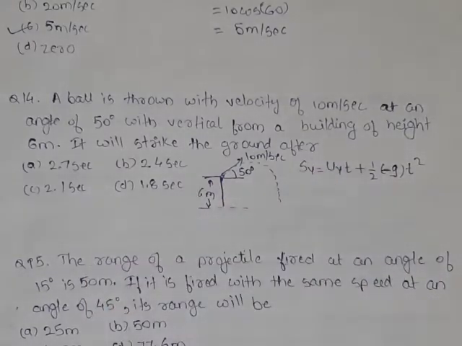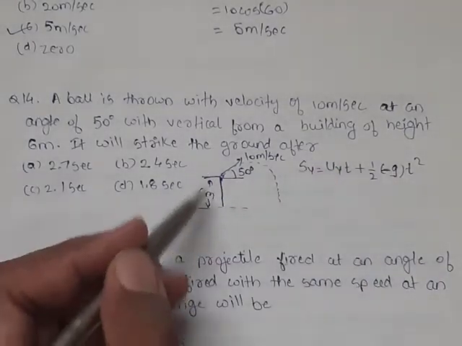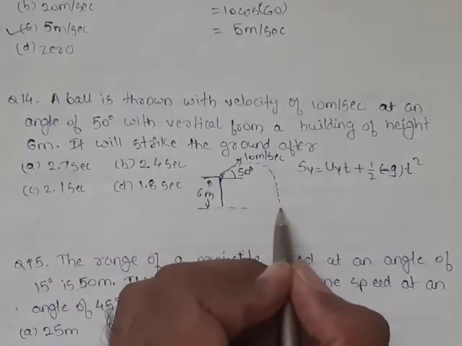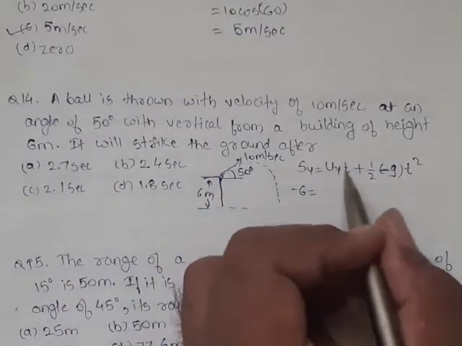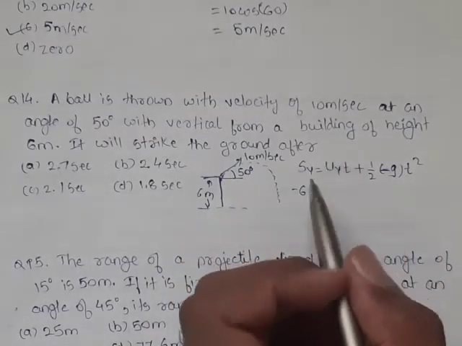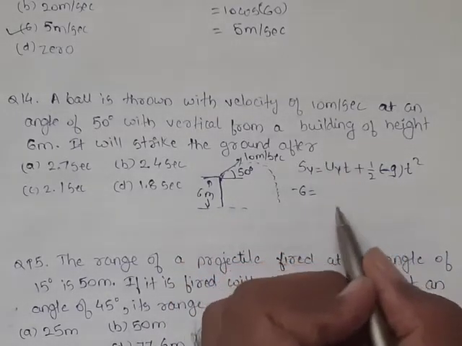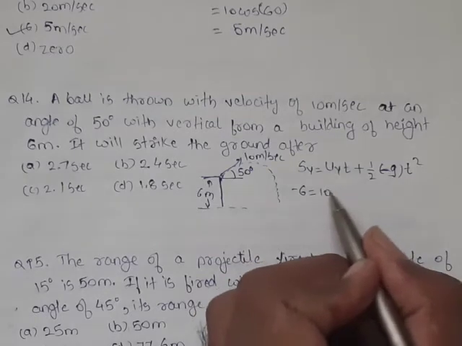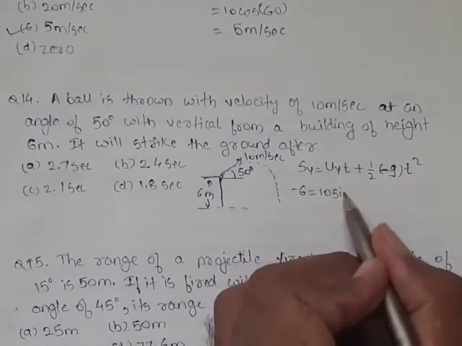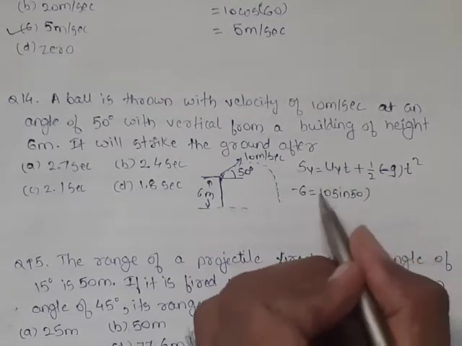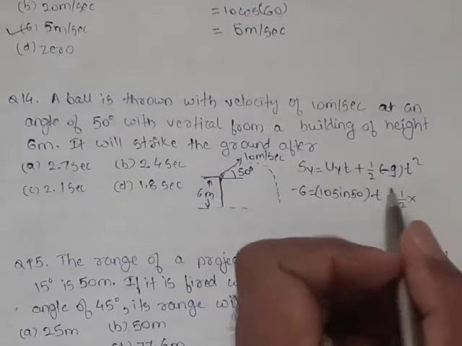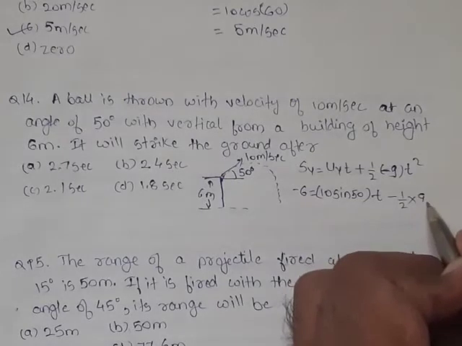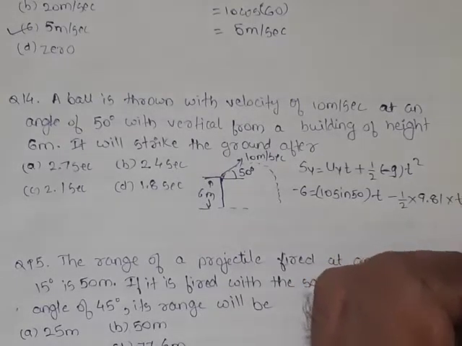Now Sy will be minus 6 because the final point is below the initial point. Uy is the y component of the initial velocity, that is 10 sine 50 degrees, into t minus 1/2 into g, taking 9.81, into t square.